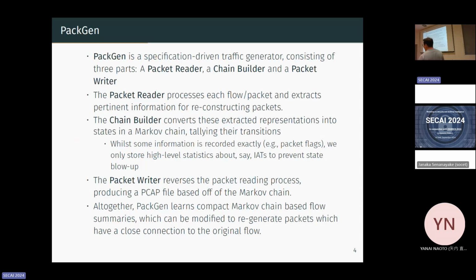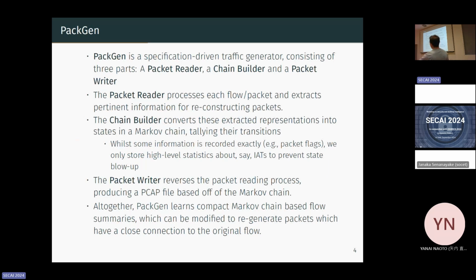Some of it is stored exactly, such as the packet flags. To prevent state explosion, which is an issue with Markov chains, we don't record the timing differences between states. Instead we tally up the mean transition time and the standard deviation of transition times. So we discard a lot of information there and only have a statistical approximation. And then finally, we have a packet writer that reverses the whole process.